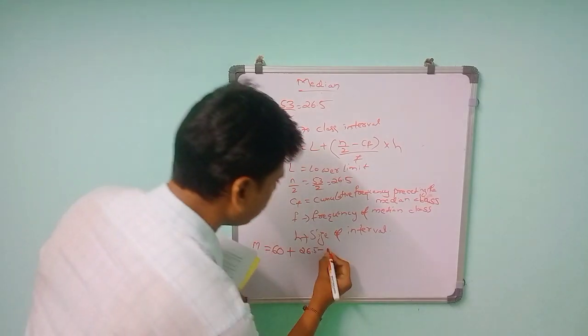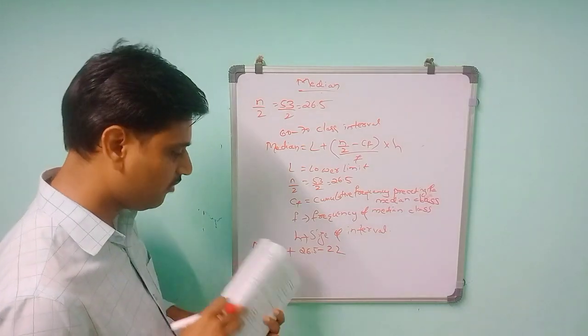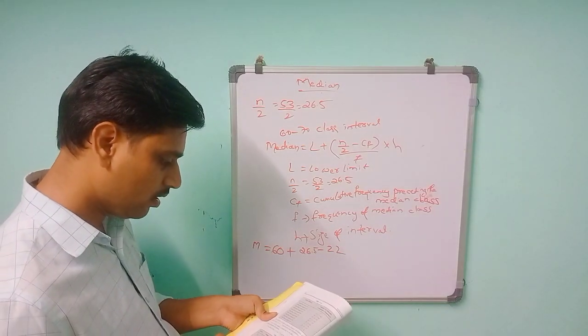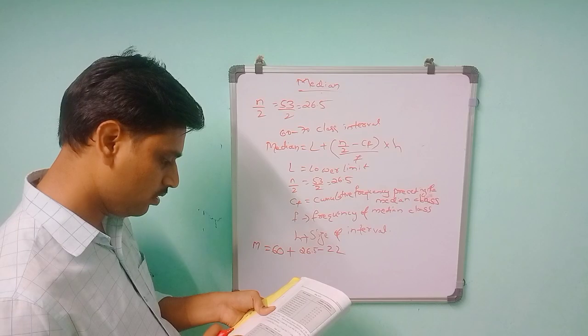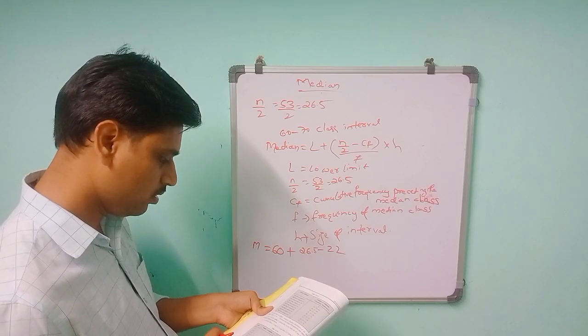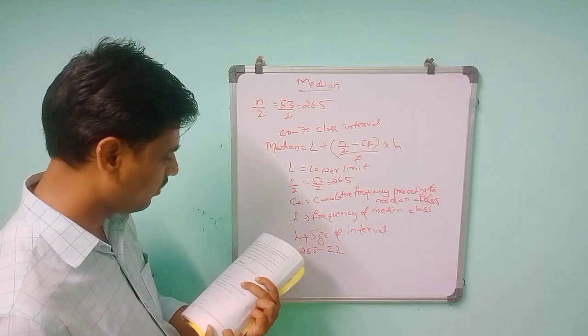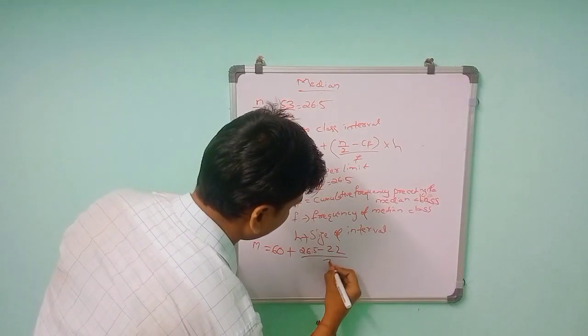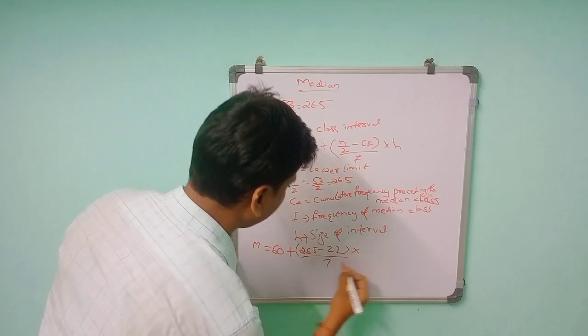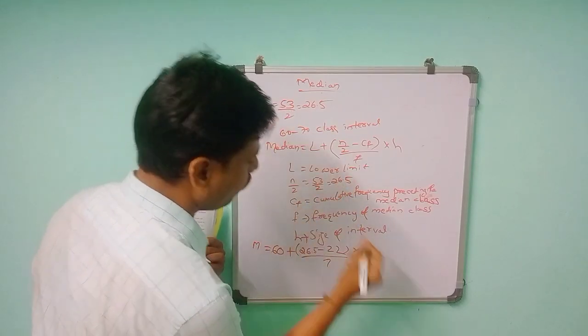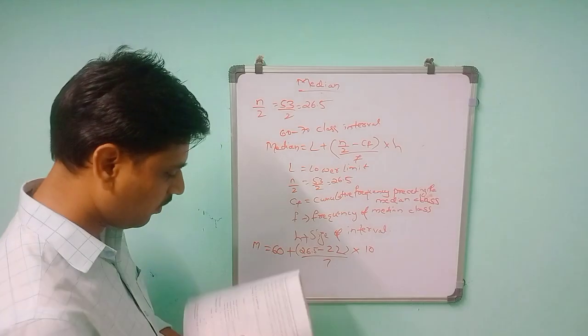Then the frequency of the median class 60 to 70 is 7, into h, the class interval, 60 to 70, which is 10.